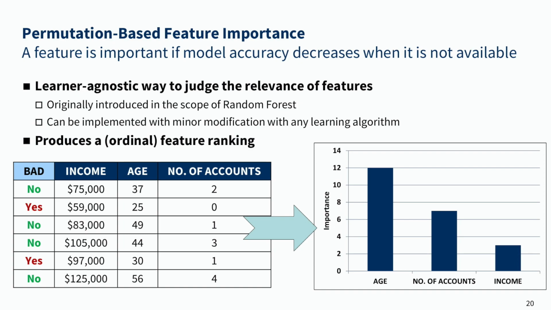So here you could easily see that our black box model bases its prediction very much on the variable age. The second most important feature in that data set, according to our black box model, was the feature number of accounts. And the feature income apparently was the least important variable in our data set. That is the type of insight that you get from permutation-based importance scores, and they are very popular.